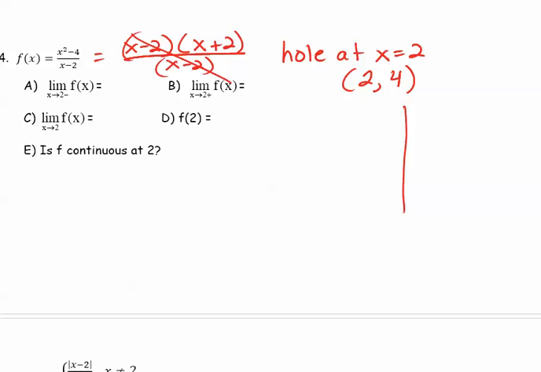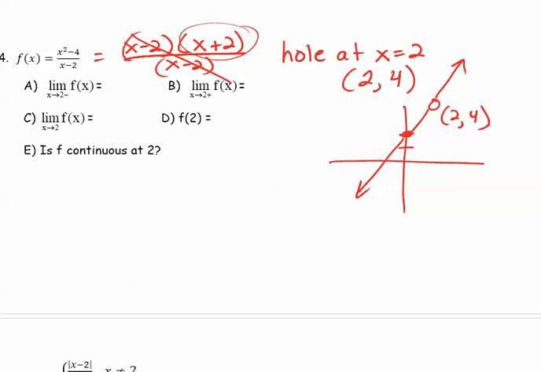You could make this graph, but you don't have to make the graph anymore. It's almost the same as the line y equals x plus 2, sorry, but it has a hole in the graph at 2, 4. So we've seen this several times already.